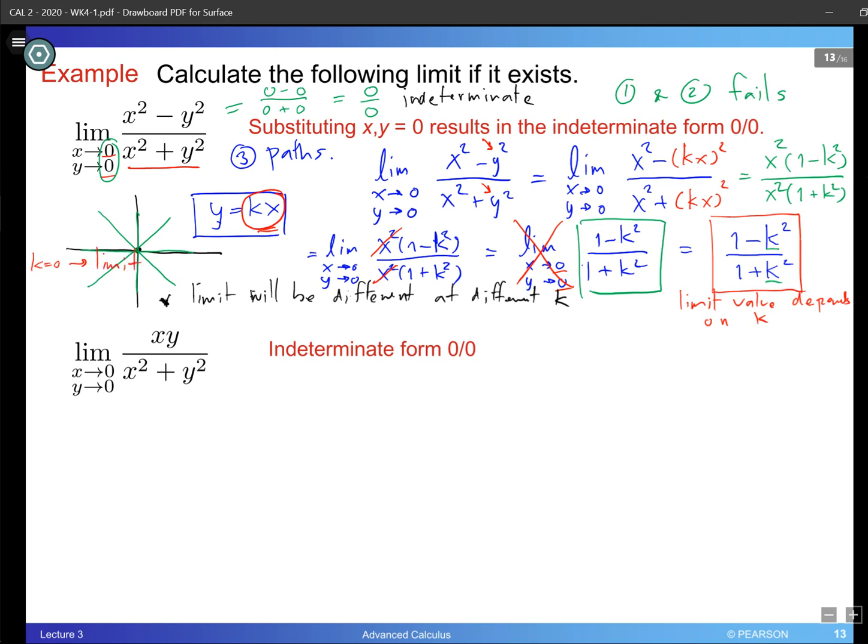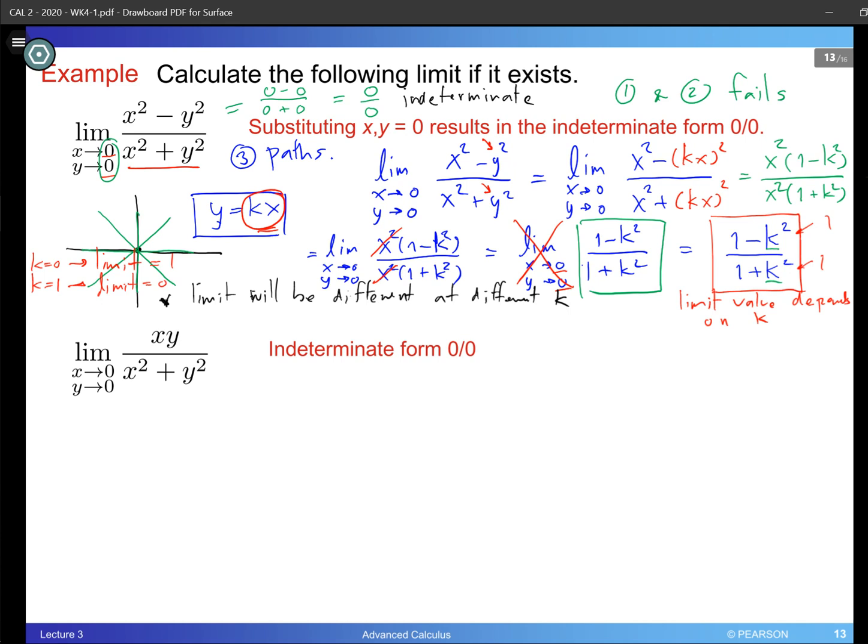Let's try to put 0 into here. Then the limit value is going to be obviously 1. But if k is set to be 1, then 1 goes in here and 1 goes there, and we get limit equal to 0.